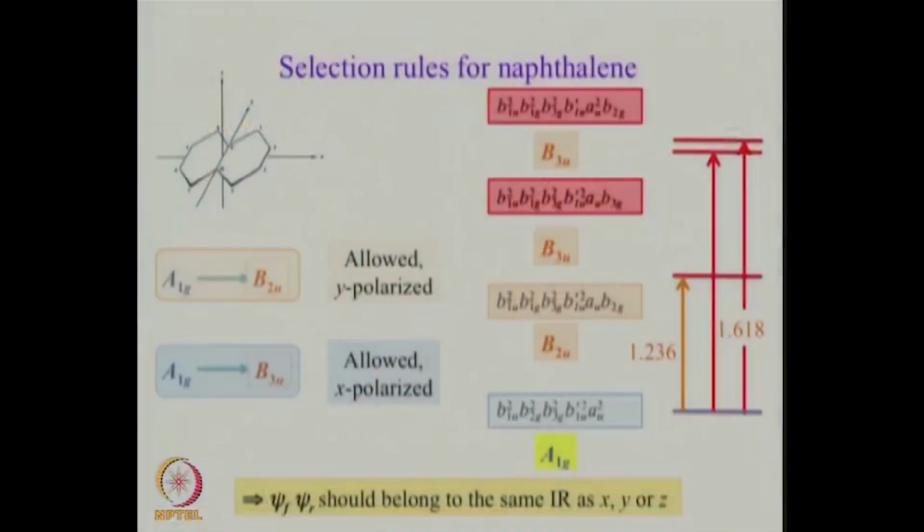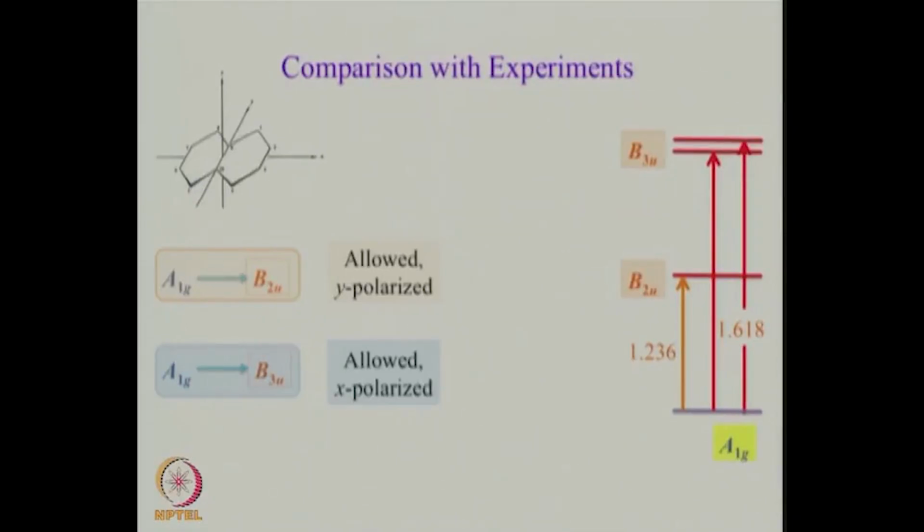And AG to B2u, that is the lower energy non-degenerate transition, that should be polarized along the short axis. Okay? This is what you expect.